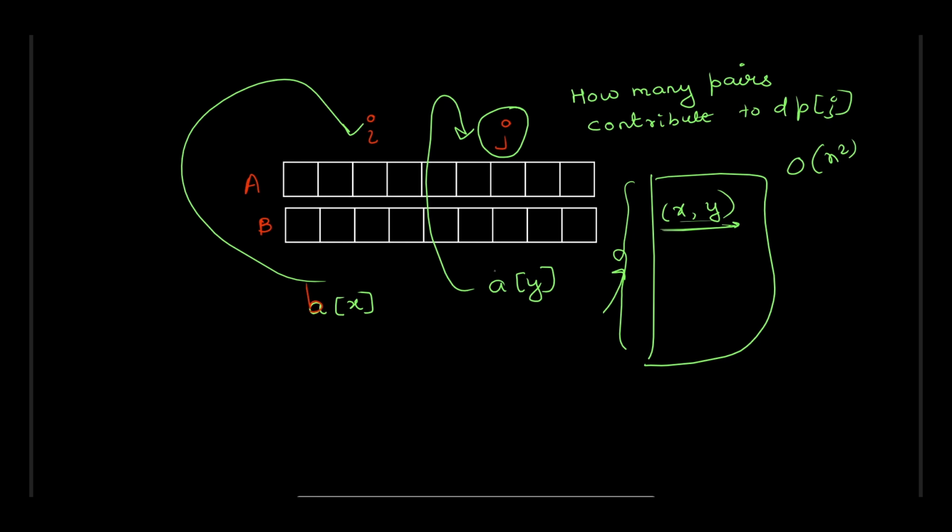This is actually bx and by. So the ci that it creates, that would be what? A of i into b of x. This is the first element of the pair, and this should be greater than a of j into b of y.